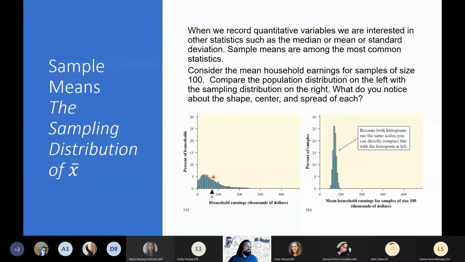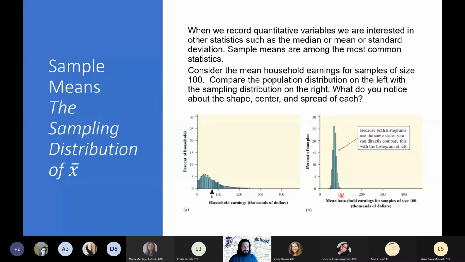It's unimodal, skewed to the right, center about 75,000 to 80,000. That's a quick description. And it varies from about 0 to 250,000. Big spread.